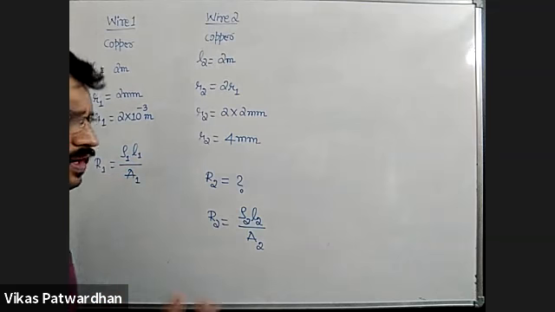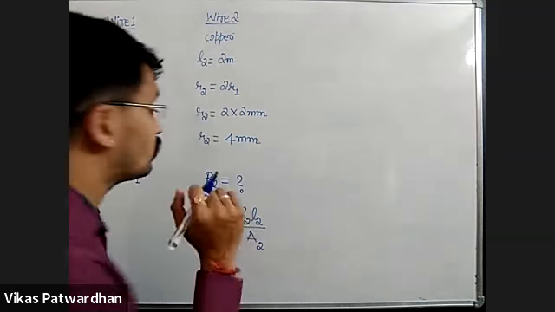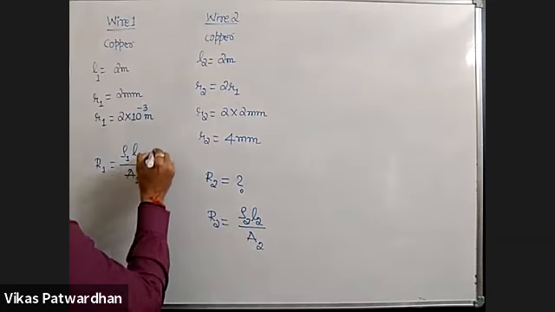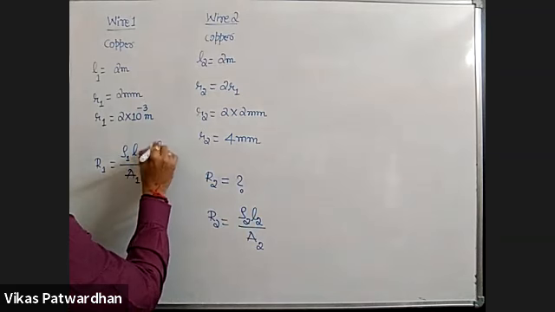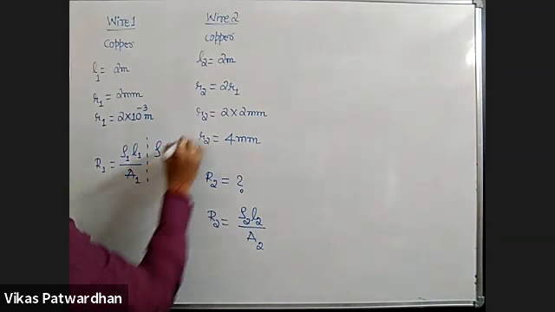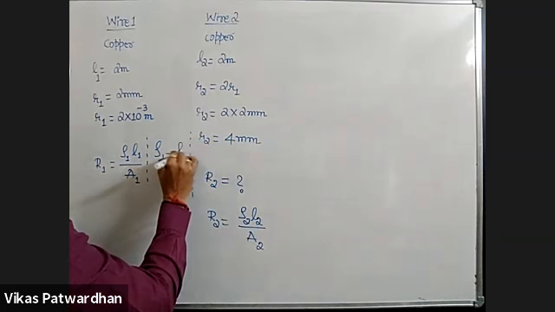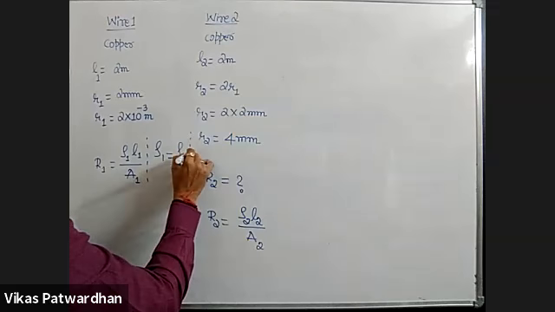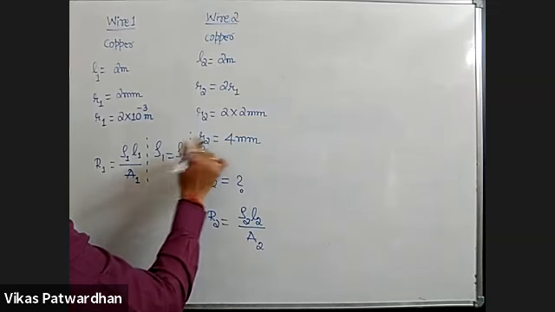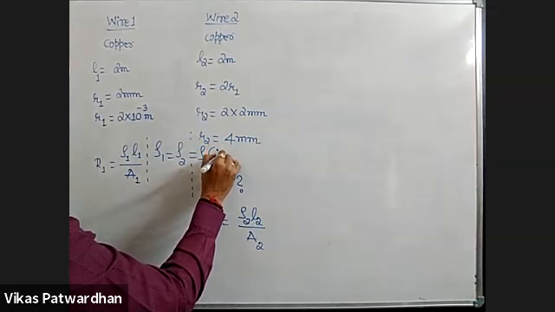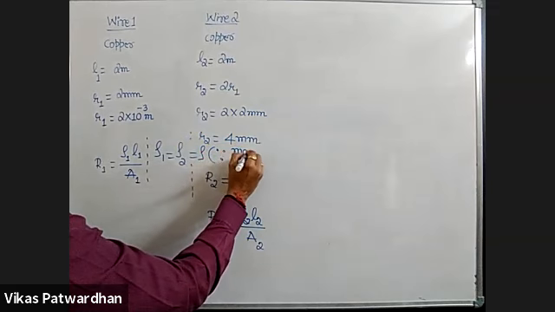Sir, again rho 1 is unknown to you. Now please use common sense. I'll say rho 1 is equal to rho 2 is equal to rho. Why? Because the material is the same.